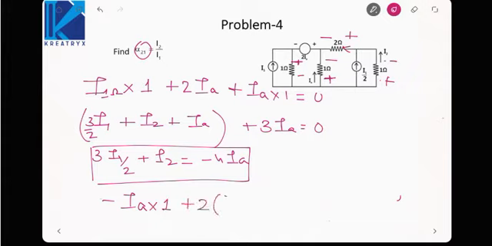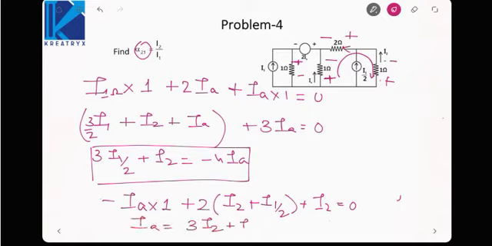It was I2 plus I1 by 2, then plus I2. So we have applied KVL like this. Then IA will be equal to 3I2 plus I1. Now let us substitute this value in the first equation that we got.